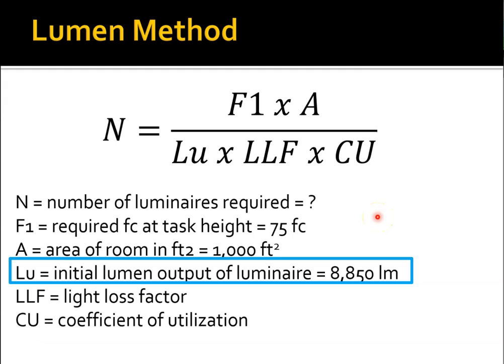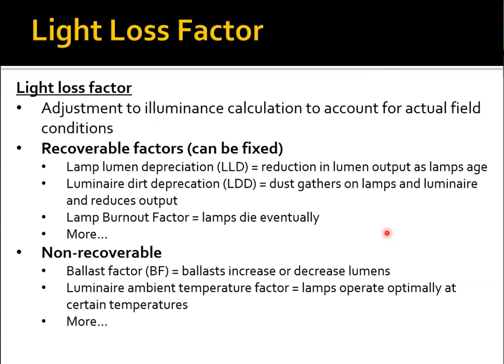Okay, so now we have the first 3 factors. So let's look at our light loss factor. This is another one of those where we're only taking a few of these variables. There's more to consider than the ones we're going to do.